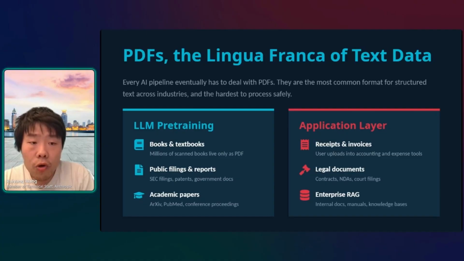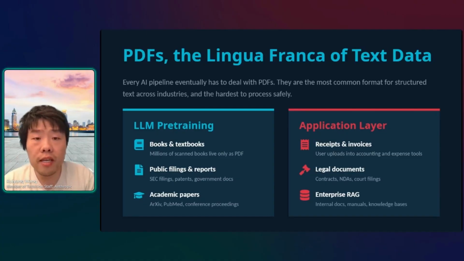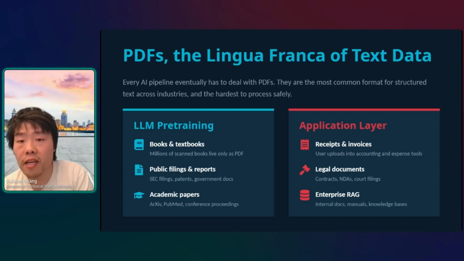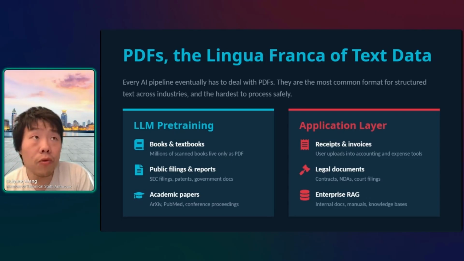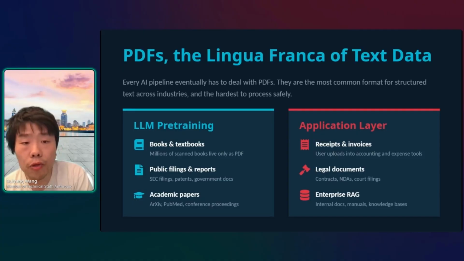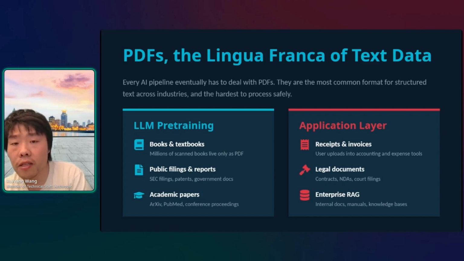Now, why do we care about PDFs? Because PDFs are really the lingua franca of text data. If you are doing anything with AI, you have to work with PDFs. In LLM pre-training, some of the most valuable tokens are in books, in papers like arXiv, and in SEC filings, and all of these are mostly in PDFs.